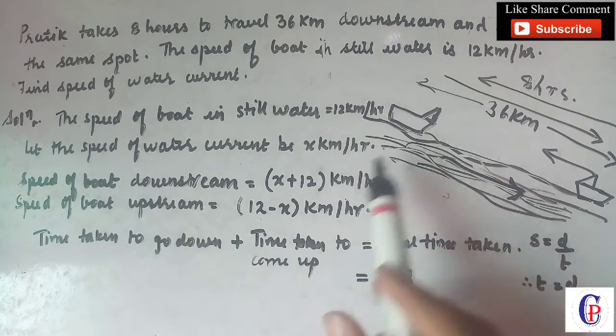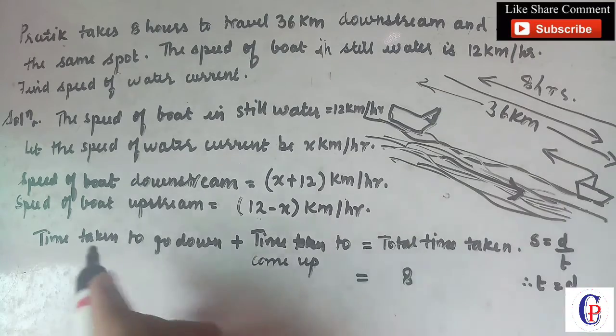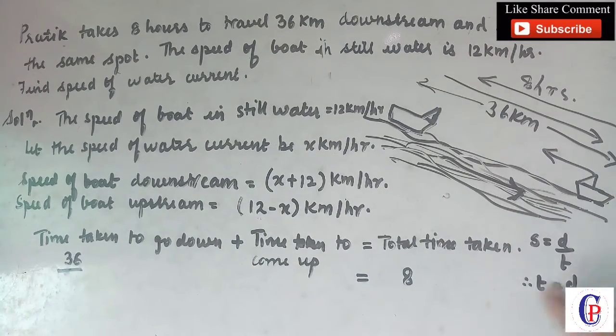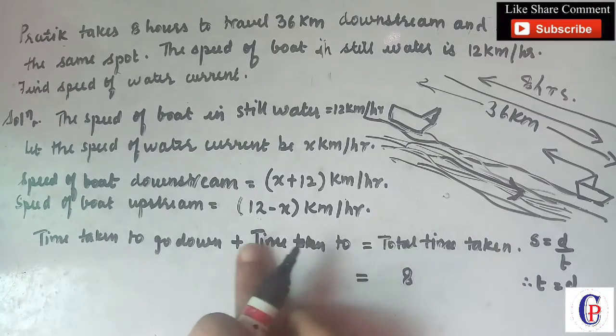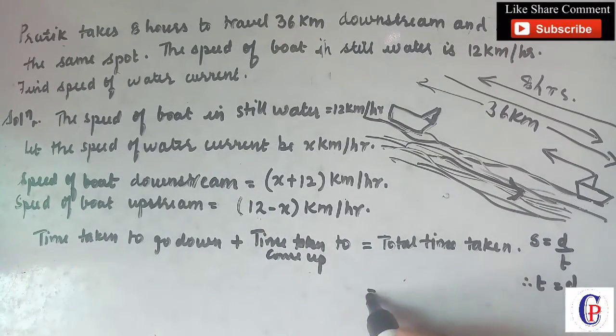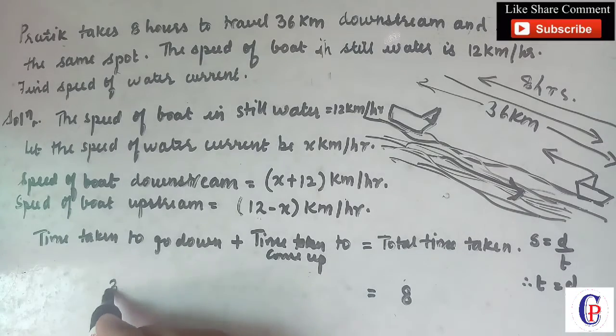So time taken to go down, for 36 kilometers, is distance upon speed. So distance is 36 and speed while going down is x plus 12. Let us write 12 plus x because x plus 12 and 12 plus x is same.